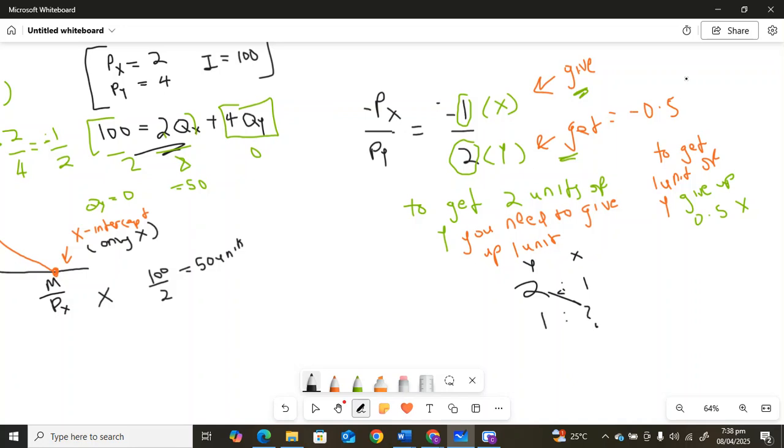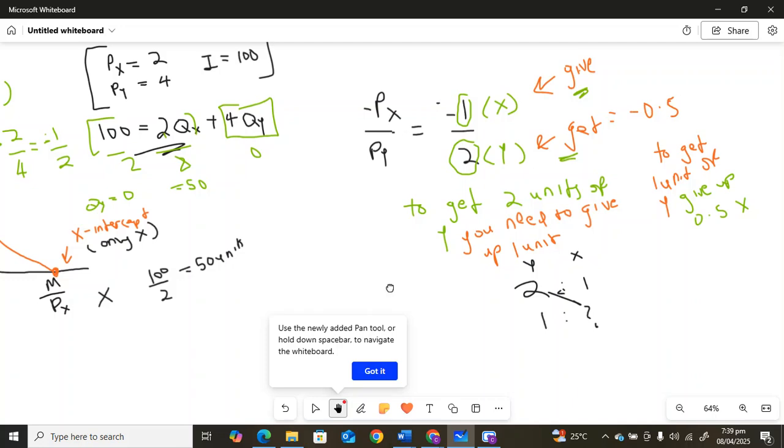Any questions? Right, so that's how you interpret the slope. The denominator is what you're getting, the numerator is what you're giving up.